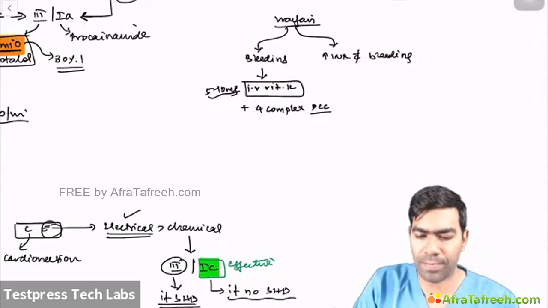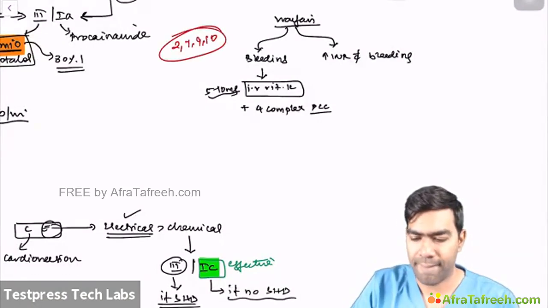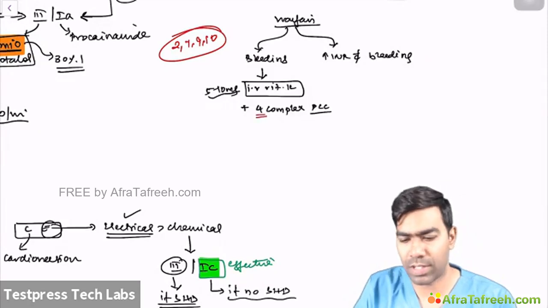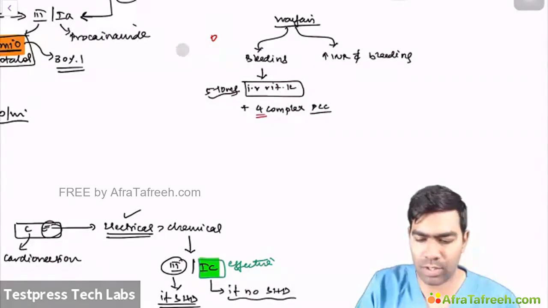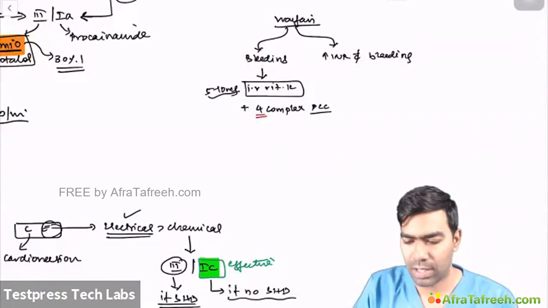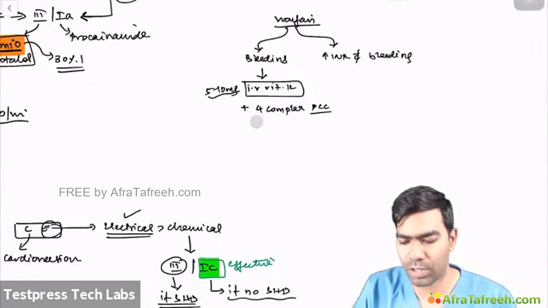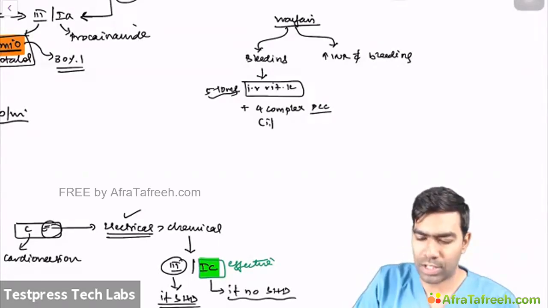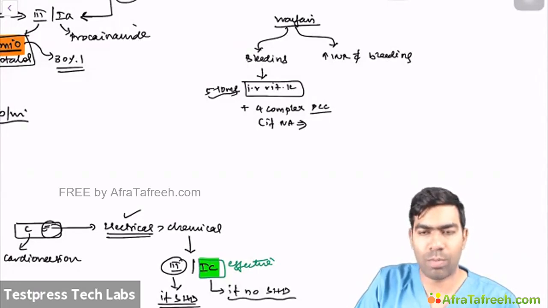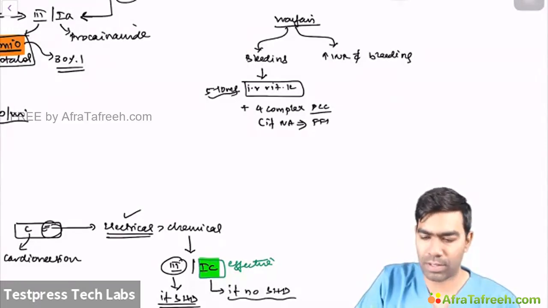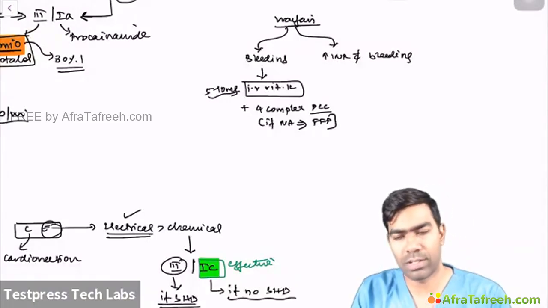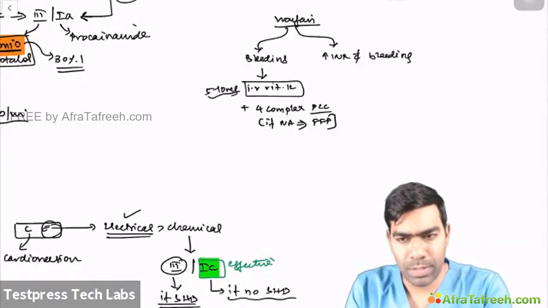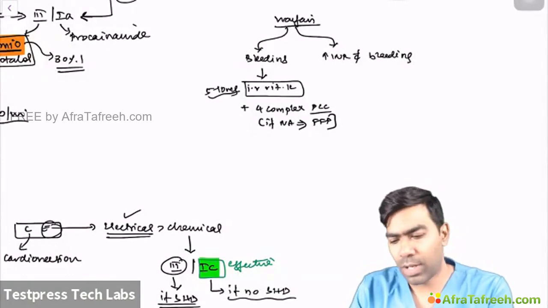Because warfarin inhibits the clotting factors 2, 7, 9, and 10, we are giving this 4-factor PCC, which contains factors 2, 7, 9, and 10. That's a very specialized concentrate. Suppose this is not available, we have a poor man's 4-factor PCC, that is FFP. So if it's not available, then you can prefer FFP.